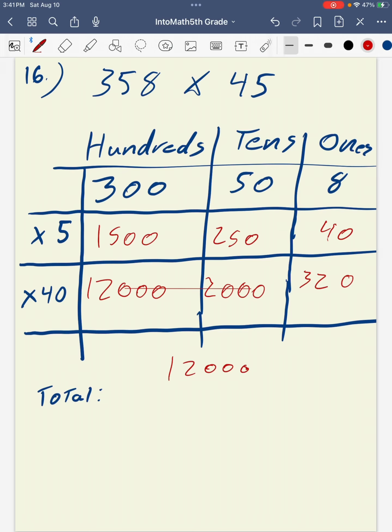Now I add all of these together, making sure I align my thousands, hundreds, tens, and ones place.